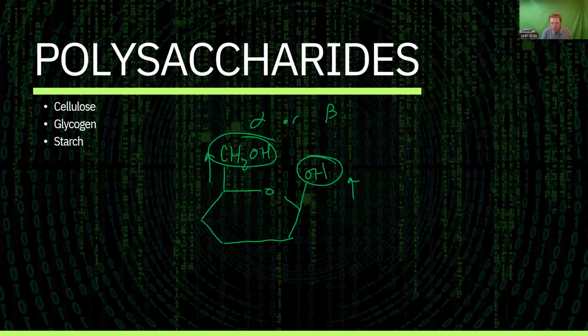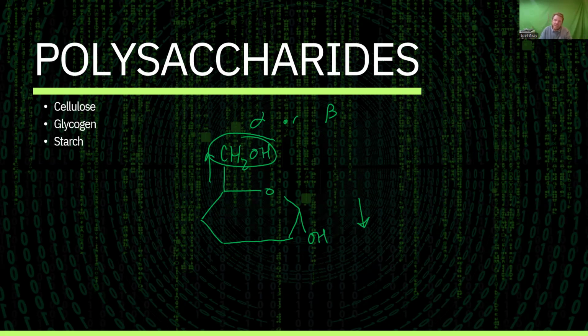Now, if I were to flip this, point it downward, again, that's a piece of evidence that they're going in opposite directions. More times than not, when you see the OH on carbon number one, my anomeric carbon, pointing downward, that's an indication that I've got an alpha carbon.